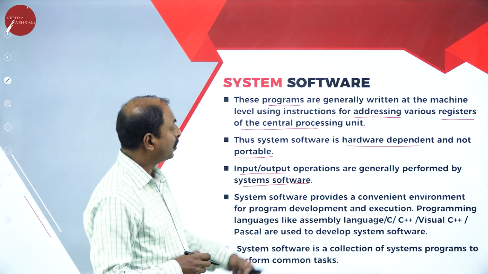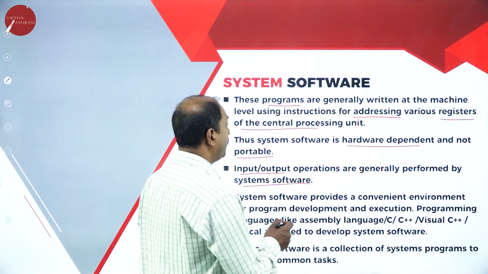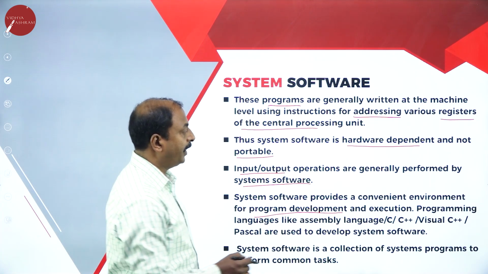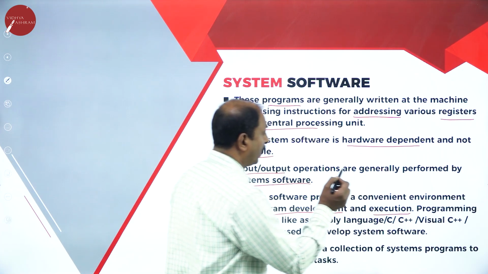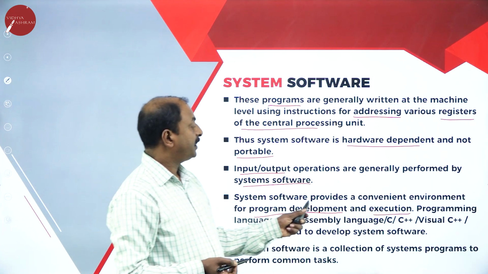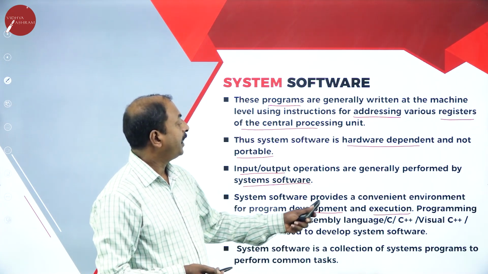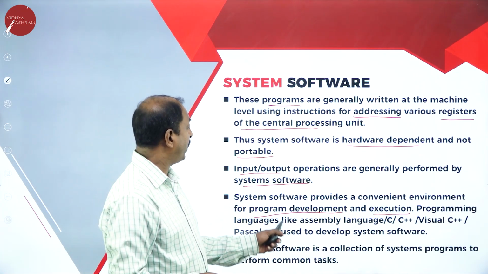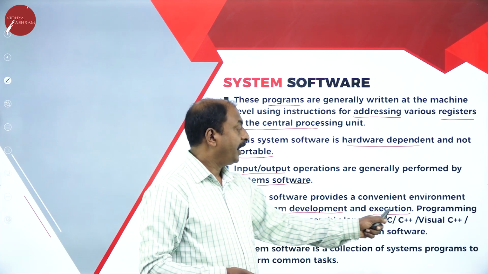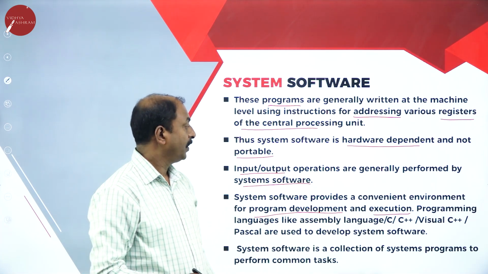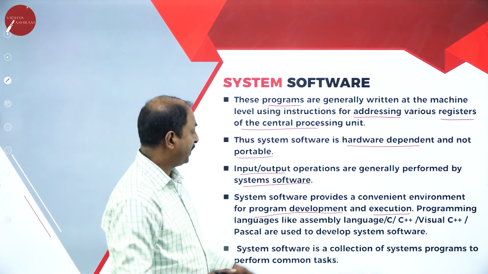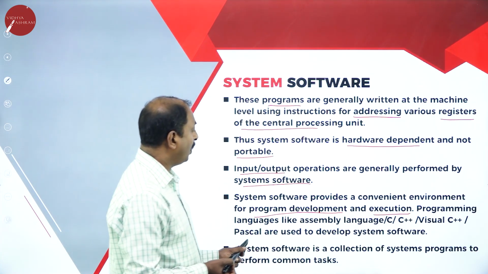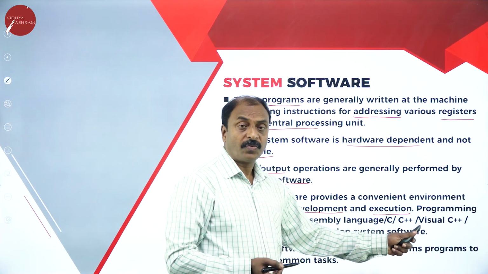Now the system software provides a convenient environment for program development and execution. It provides a platform for program development and program execution. And programming languages like assembly level language, C and C++ are used to develop system software.